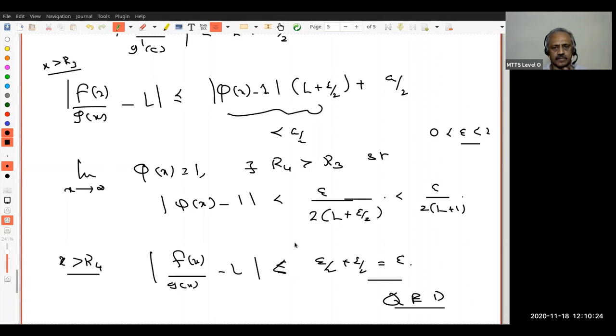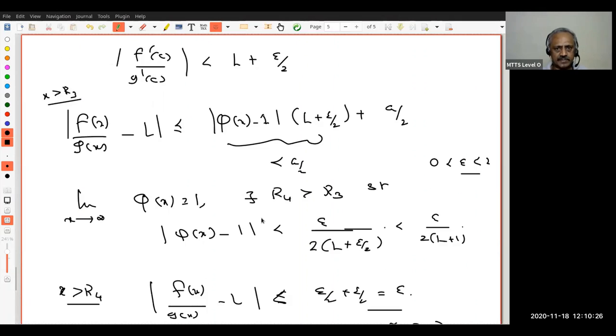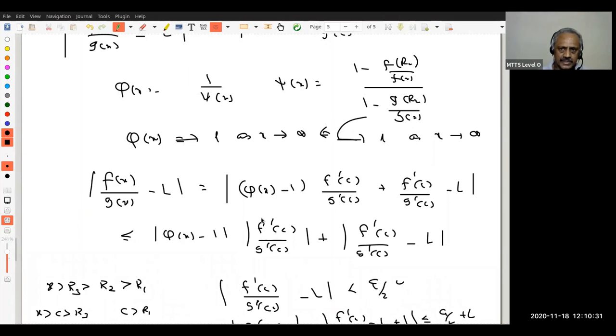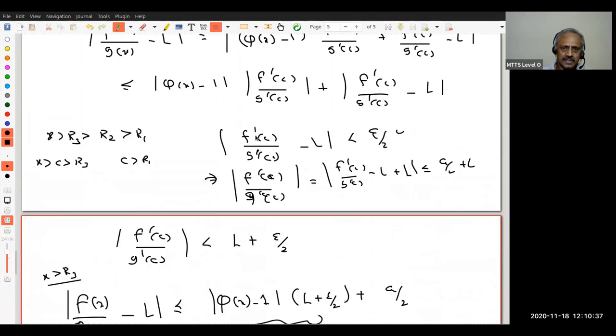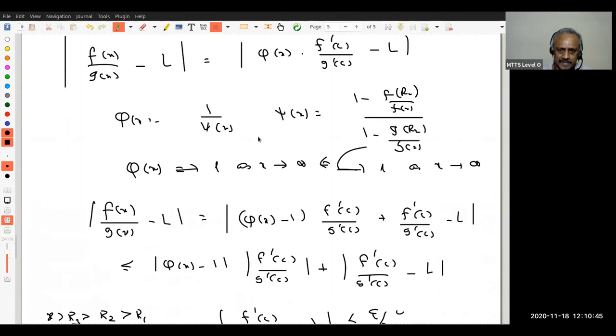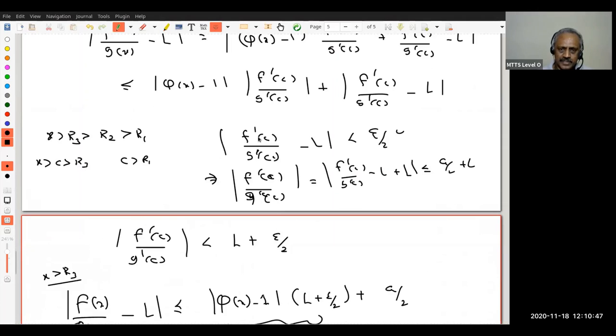Please don't get intimidated by what I said at the beginning, but this is the way any analyst will usually work through it. Just try various things, then write a rigorous proof. Now you can see you keep on saying R1, R2, R3, R4, and because of this that happens, etc. You complete the proof. So many students, sometimes even teachers with good memory, try to memorize the proof and explain it line by line.